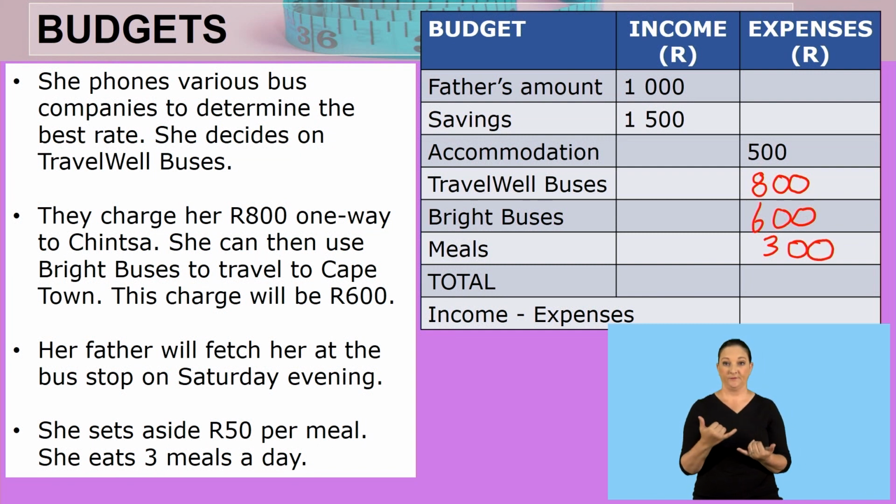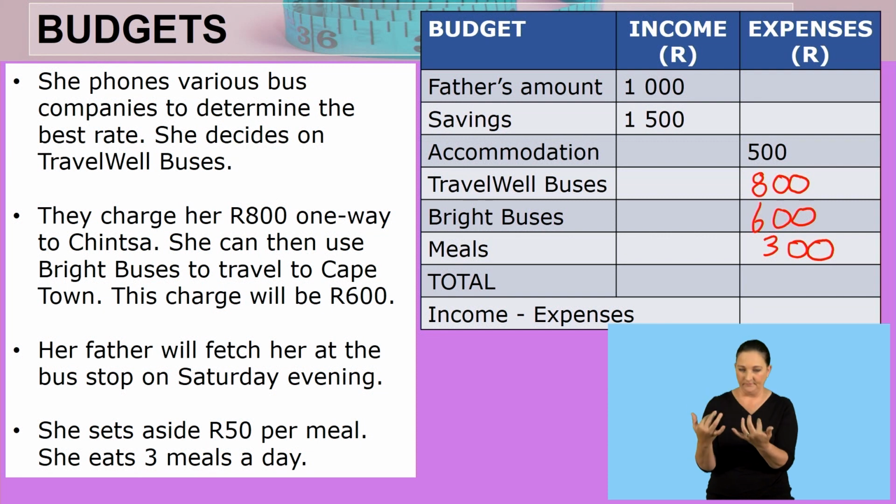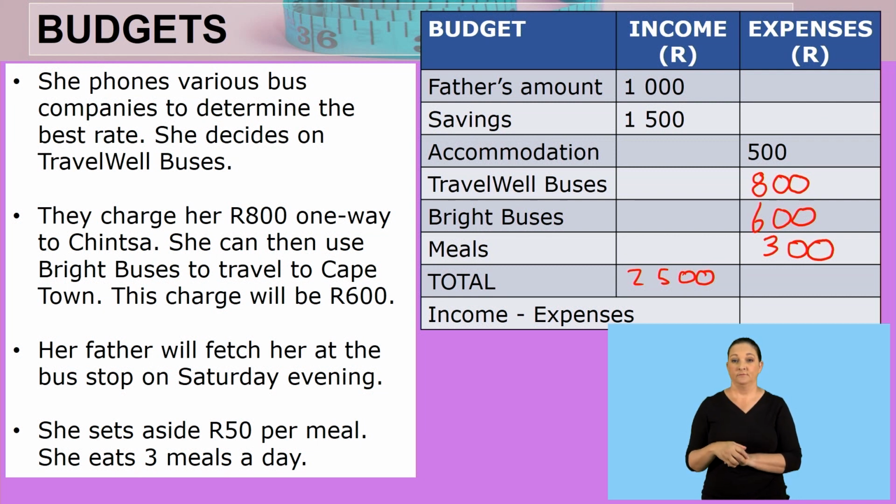Now, once we've completed the income and expenses, we do the totals. So the total income that she has is 2,500 Rand. The total expenses that she has, once we add all that up, is 2,200 Rand. Now, let's see what happens at the very end.